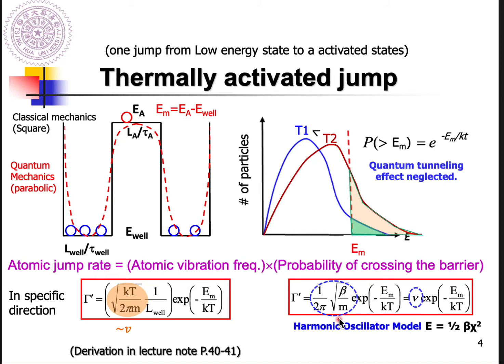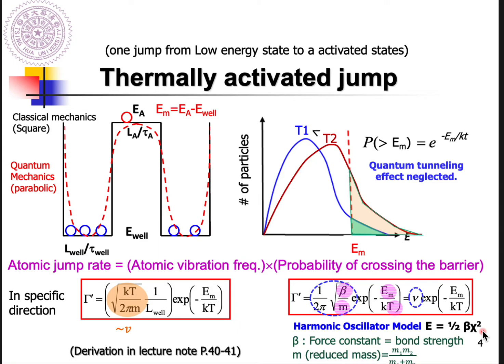In order to predict the atomic vibration frequency, there's a very famous model, which we call the harmonic oscillation model, and the energy can be expressed as 1/2 beta x squared. X is the displacement, and beta here is the force constant of the spring, which you can consider as the bond strength.